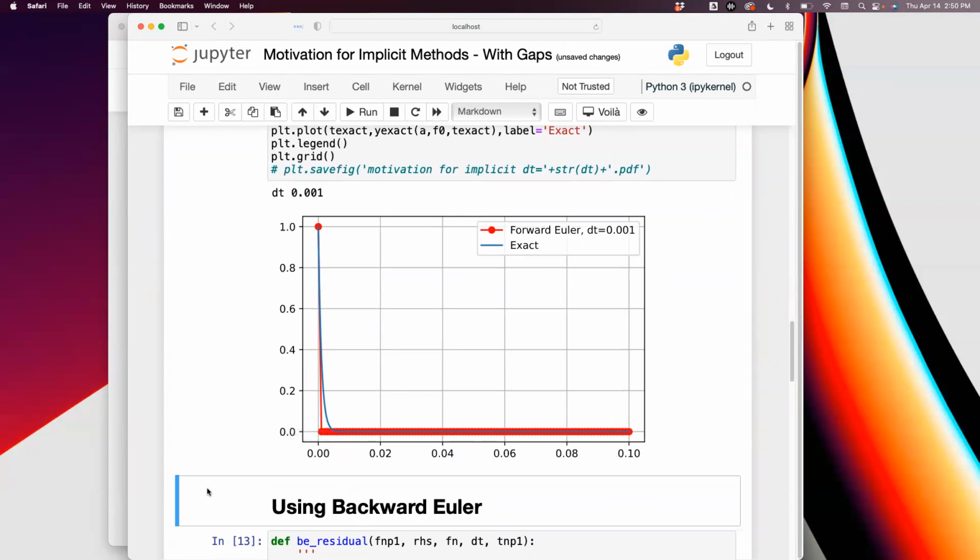It starts at 1 as expected, then drops down to 0 and just stays at 0. It clearly misses this transition region over here. To get this right, you really need to capture the behavior that occurs the fastest.